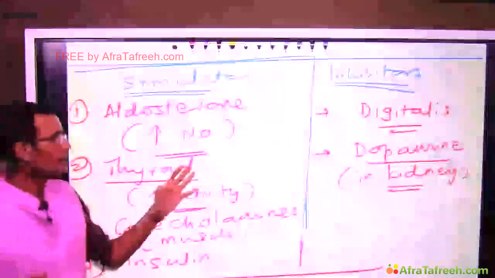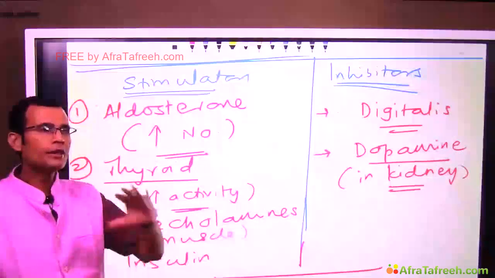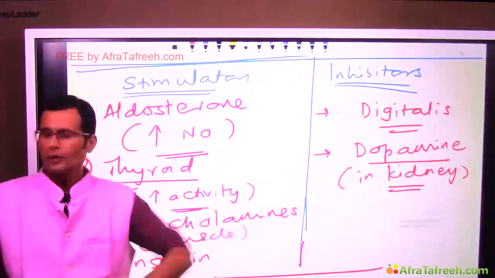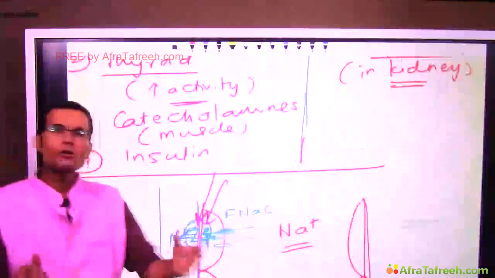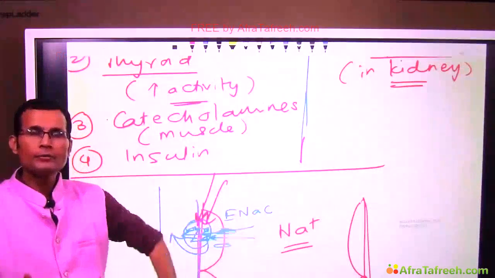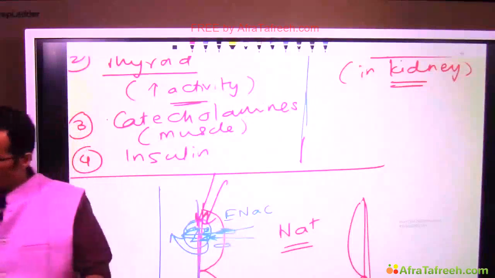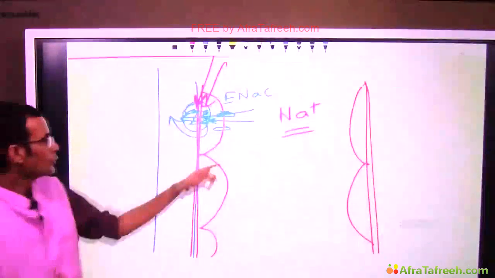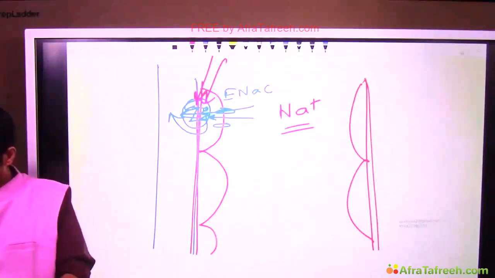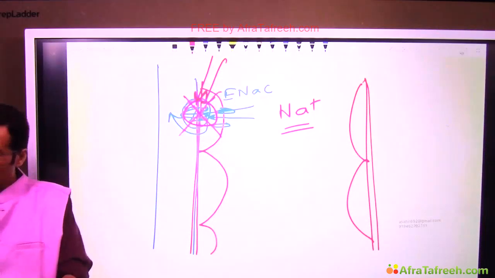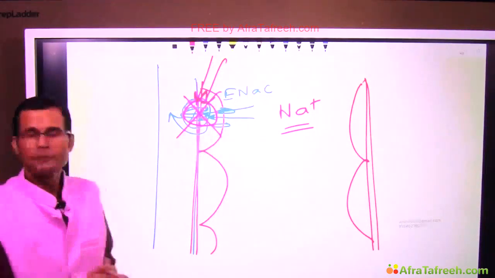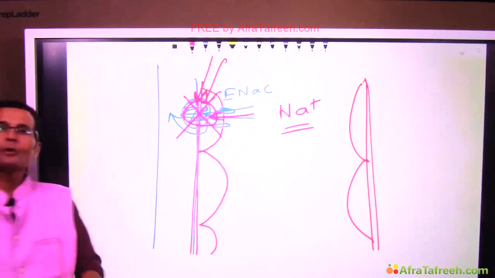And therefore, this is the basis for giving dopamine in conditions like heart failure. Look, on one hand, dopamine will stimulate the pumping activity of the heart. The other action will be, it will inhibit the sodium potassium pump in the kidney. So see this renal tubule. This is a sodium potassium pump. If it is inhibited, what will be the result? Sodium will not be reabsorbed.